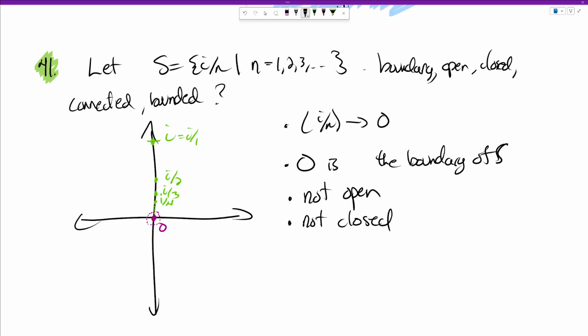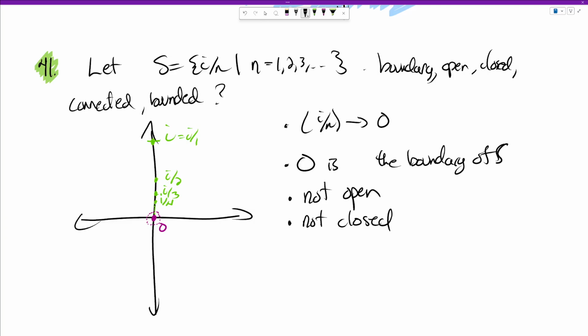0 is missing from S, and so we can imagine walking along, making hops, walking along the green points to 0. We never are going to quite get there, but we'll get very, very close. Another approach to saying what I just said is one definition of closed is that you have all limits of convergent sequences, and we don't have this limit.